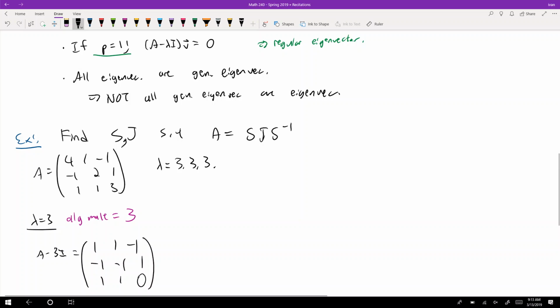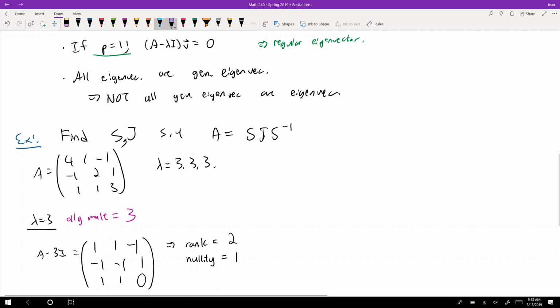When we look at A minus lambda I, what do we care about? We care about the rank and the nullity of that matrix. So what is the rank of A minus 3I here? It's 2. The first and second rows are multiples of each other. And then the nullity is going to be 1 by the rank-nullity theorem.